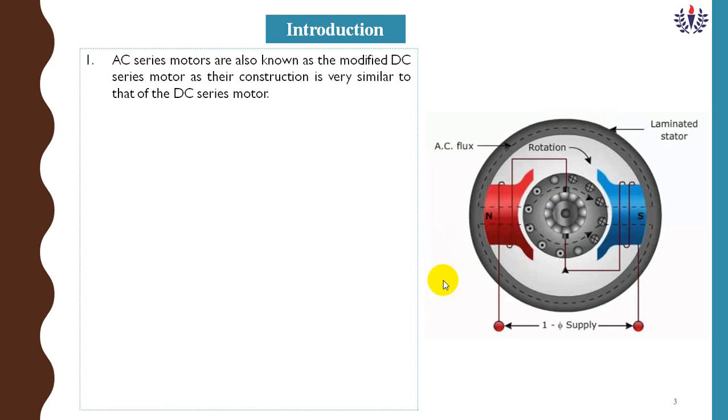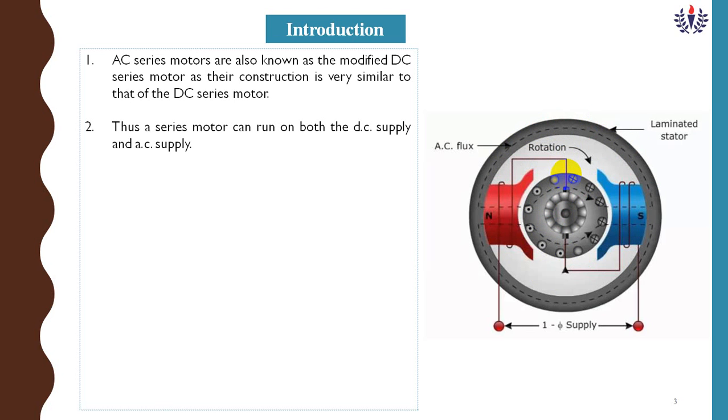You see here, there are two poles. The red line is the winding. When you give the supply, the current flows in this winding, then the flux will pass across this laminated stator, and based upon this flux the rotor starts rotating for every half cycle.